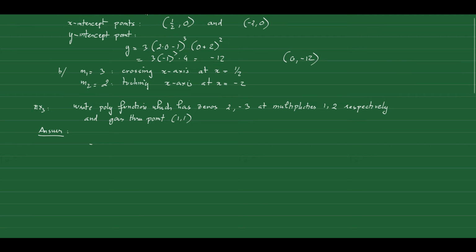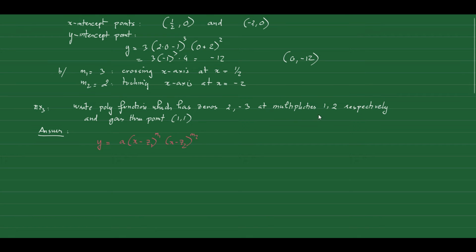So we're going to have y equal to a times (x minus z1) to the m1 and (x minus z2) to the m2.